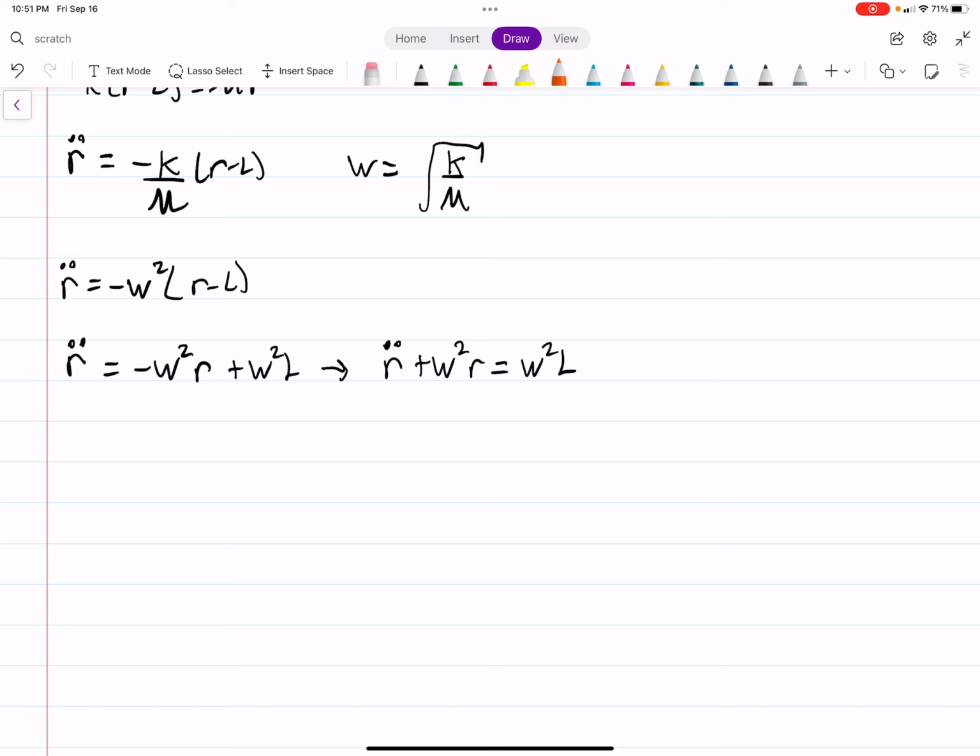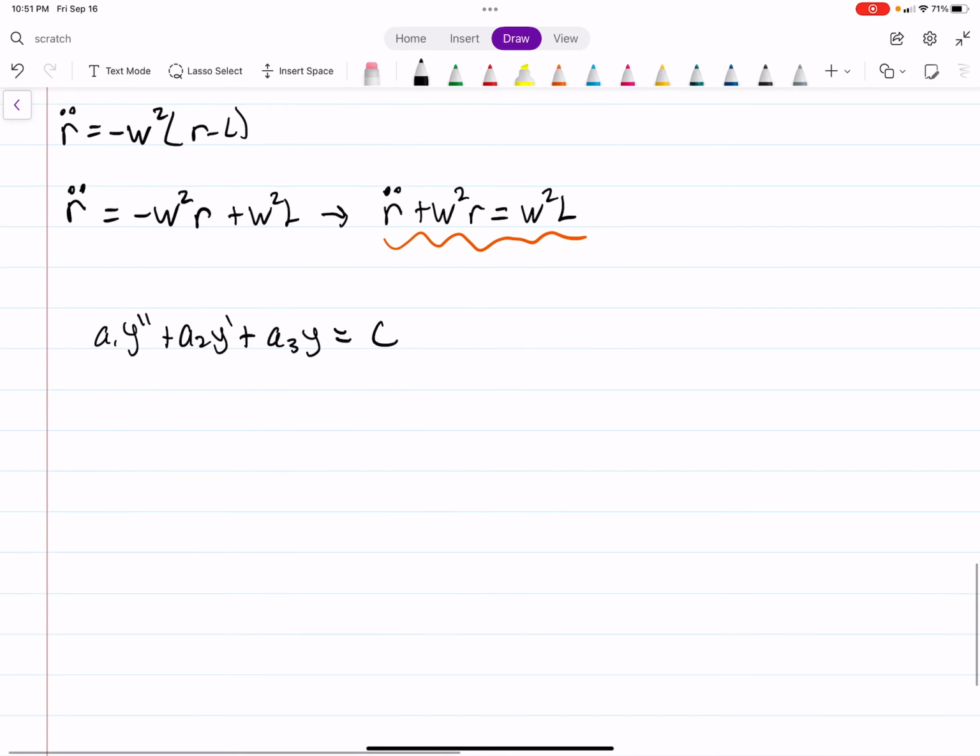So how do you solve this differential equation? Well, it's in the form a1 y double prime plus a2 y prime plus a3 y equals some constant c. That's the form we have it in.